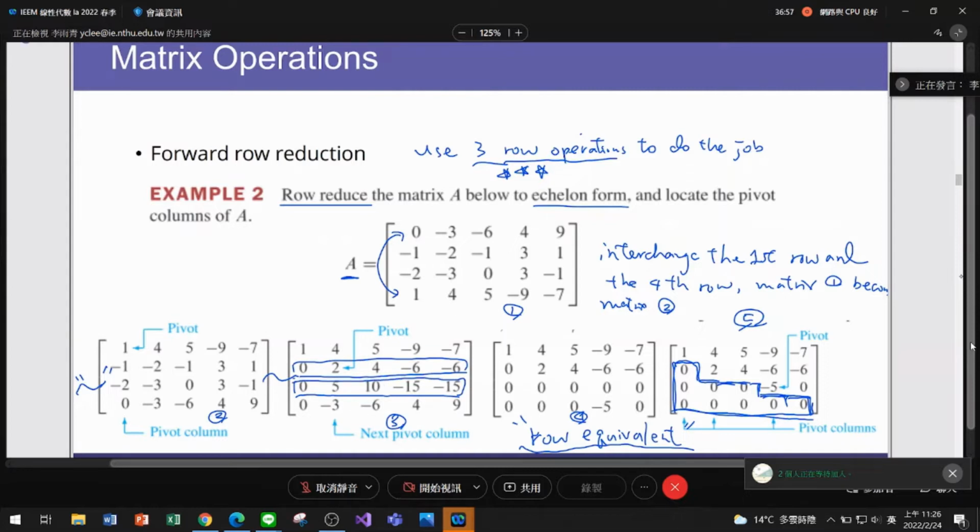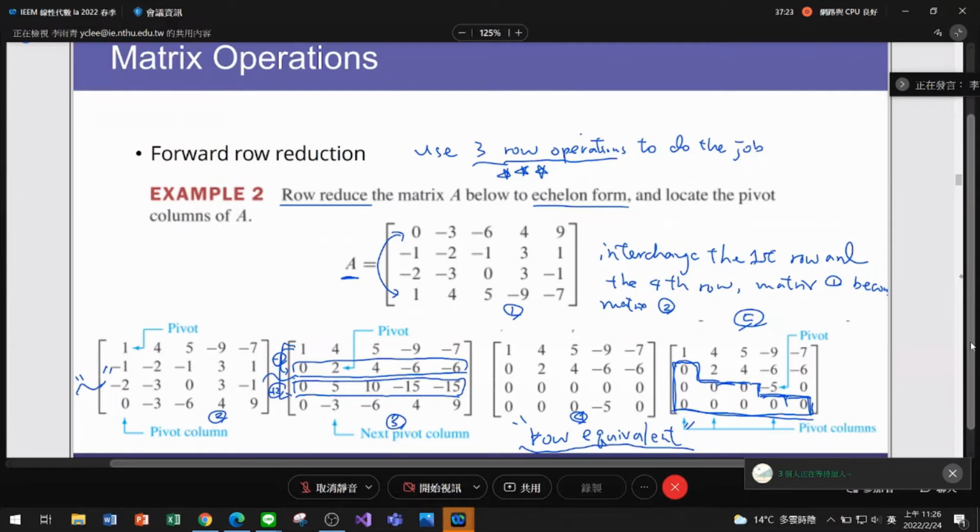So we can multiply the first row by -1 and add to the second row, and also multiply by plus 2, and then add to the third row. So the result is these two rows.